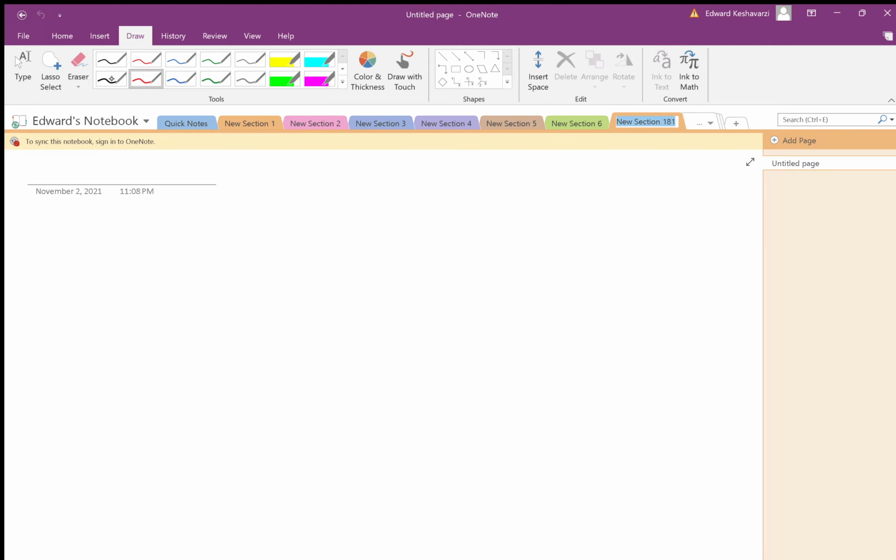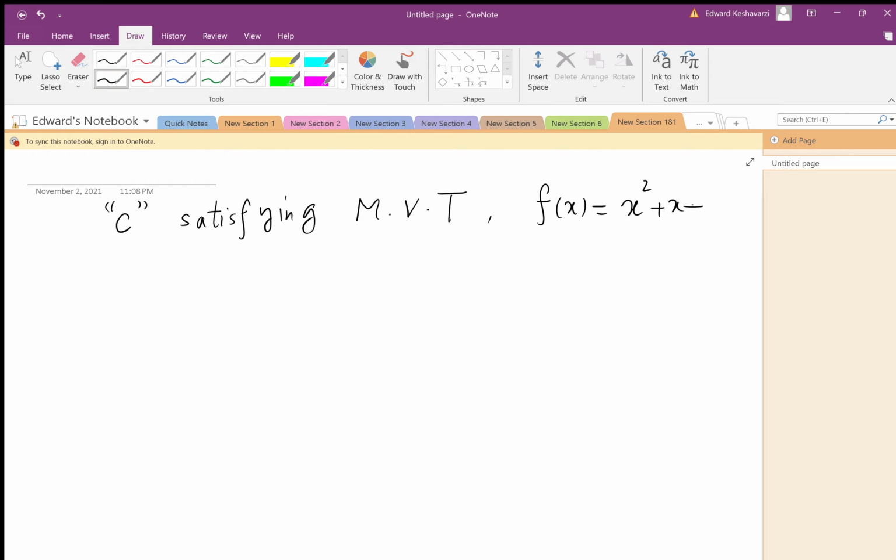This is known as the mean value theorem, and this is the formula of the mean value theorem. Let's have an example. So we are going to find the c satisfying the mean value theorem when our function is f of x equals x squared plus x plus 2, and the interval is -1 to 3.